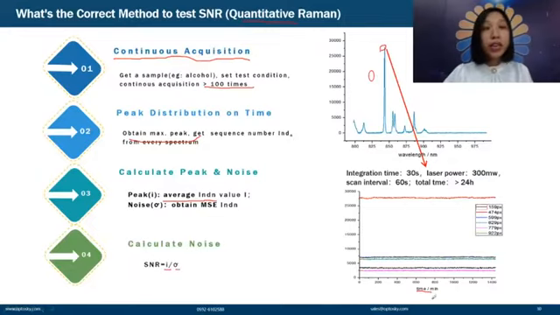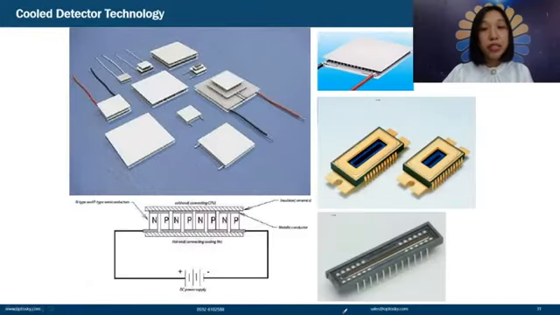So we can know the signal to noise ratio. This is the correct method.